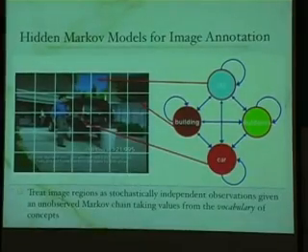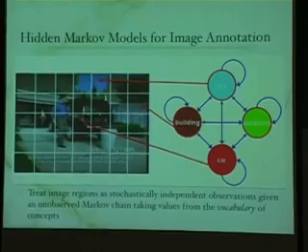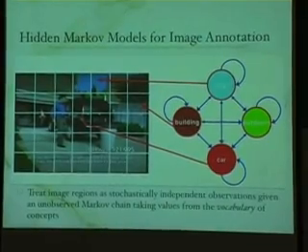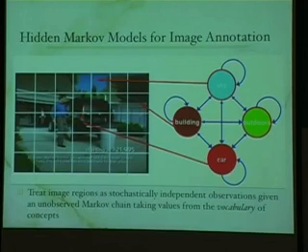So this is what we proposed, and when I say we, I mean Pavel Ircing, who was at the time a grad student at the University of West Bohemia in Czech Republic, and I. And we said, let's think of the image as a stochastic process, which is generated by an underlying hidden process, and the hidden process takes values in this vocabulary of words, labels.